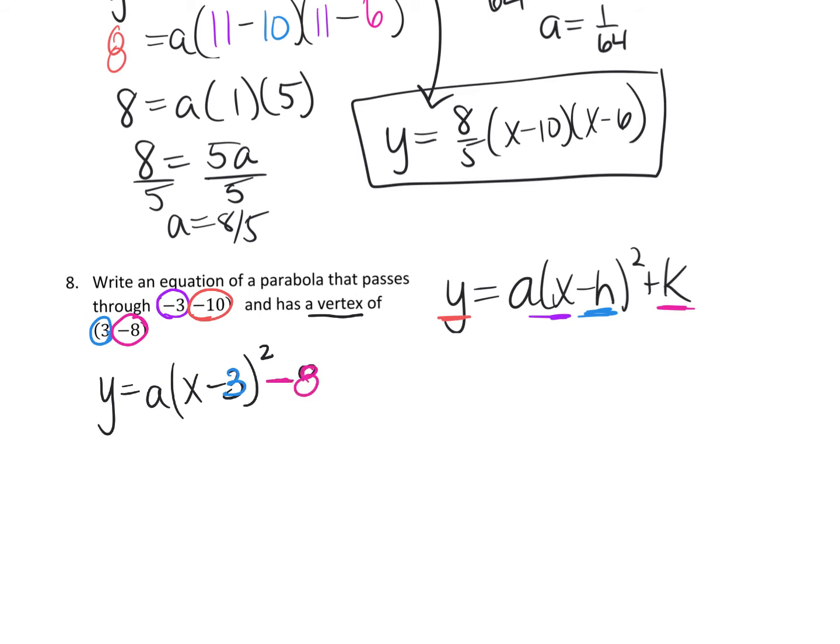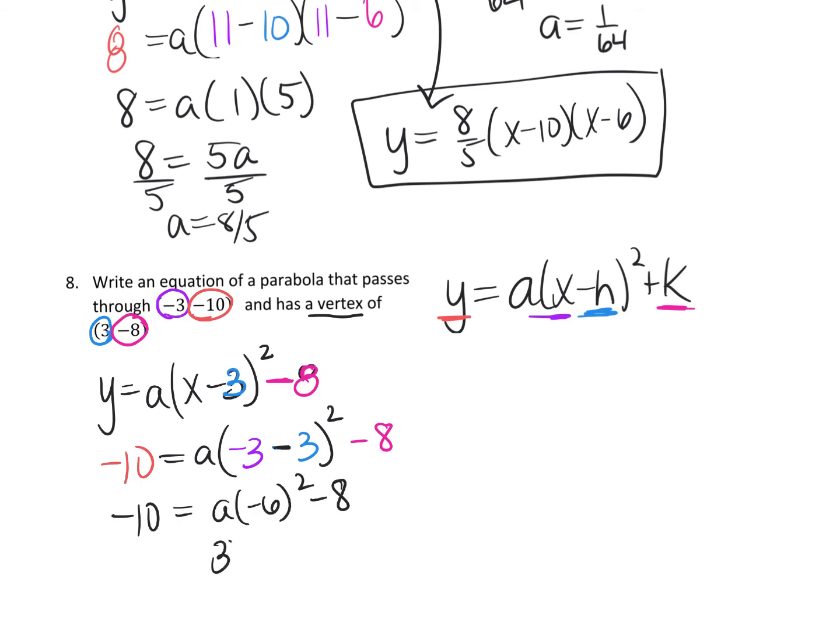Okay, and then I can plug in my y. -10 equals a times -3 minus 3 squared minus 8. And now we'll simplify. -10 equals a times -6 squared minus 8. That's 36a minus 8.